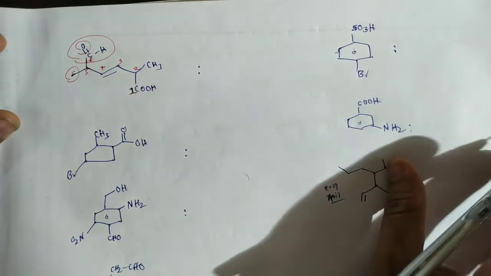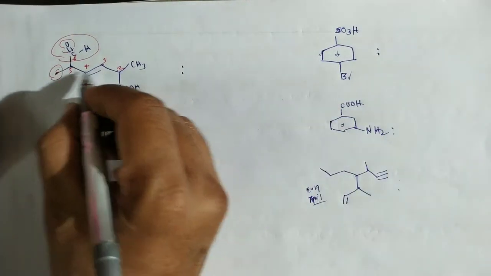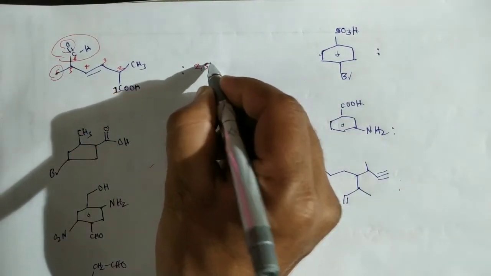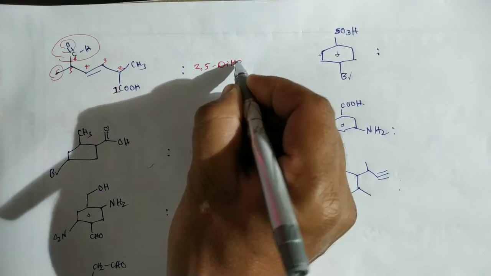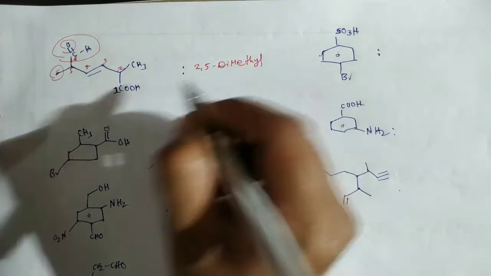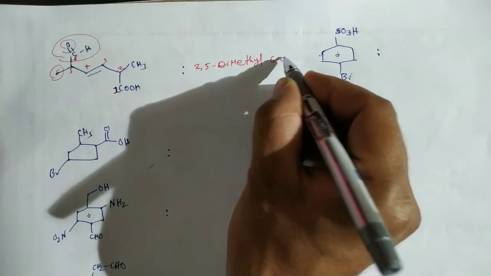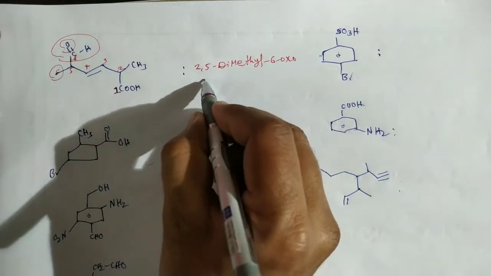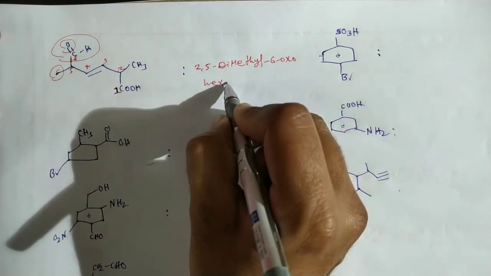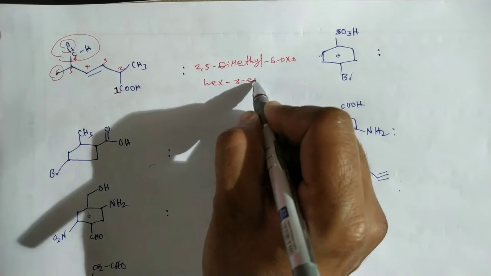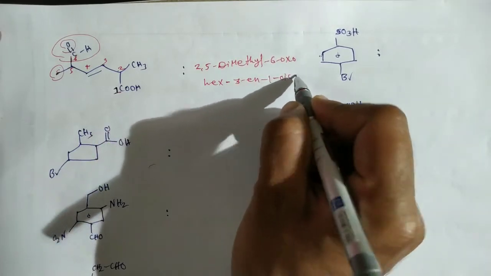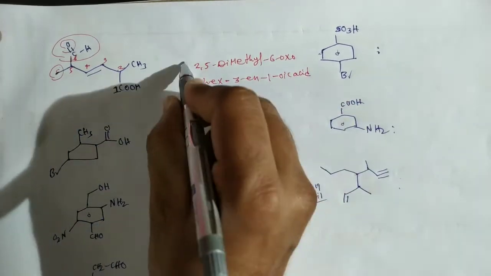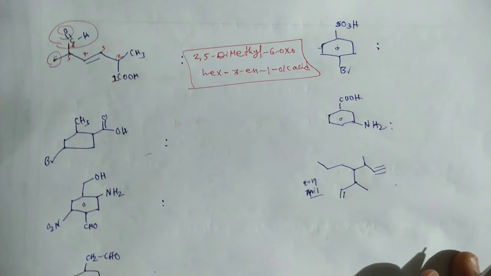So 2,5 dimethyl and 6 oxo. The previous JEE Main question: 6 oxo, total carbons 6, so hex 3 en 1 oic acid, that is the IUPAC name.